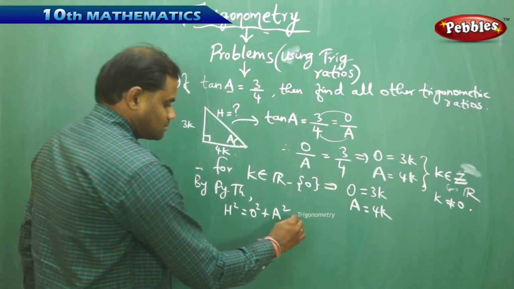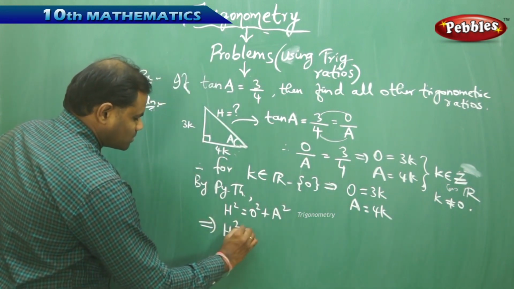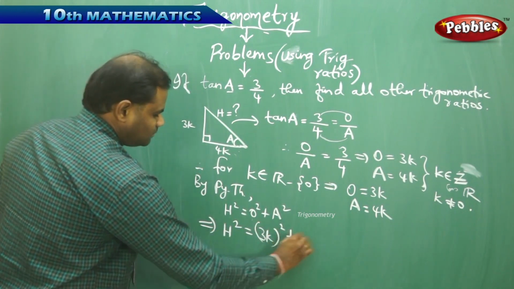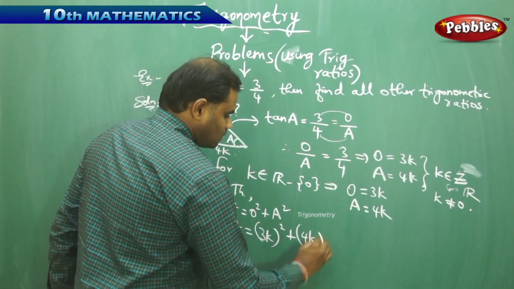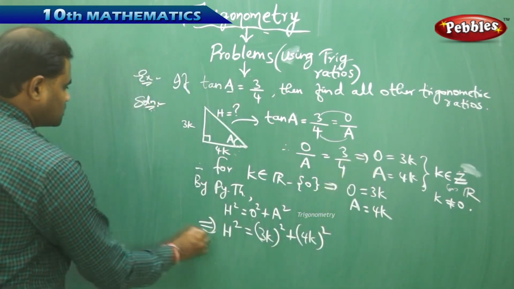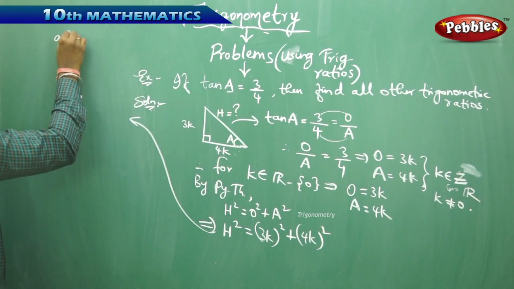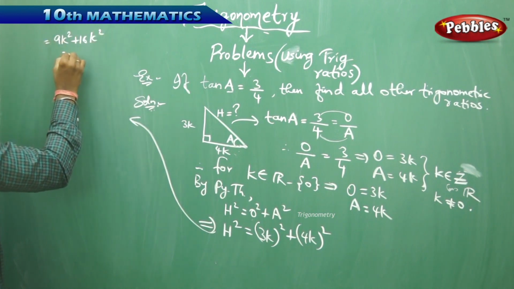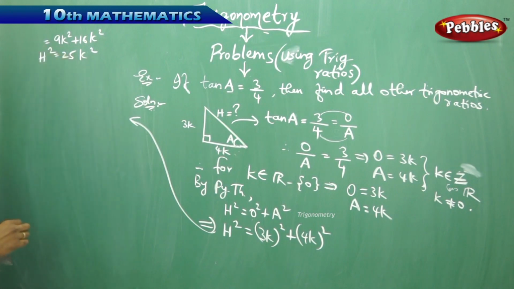That gives me hypotenuse square is opposite square, which is 3k whole square, plus adjacent square, which is 4k whole square, which on further simplification gives 9k square plus 16k square, that is 25k square, is h square.